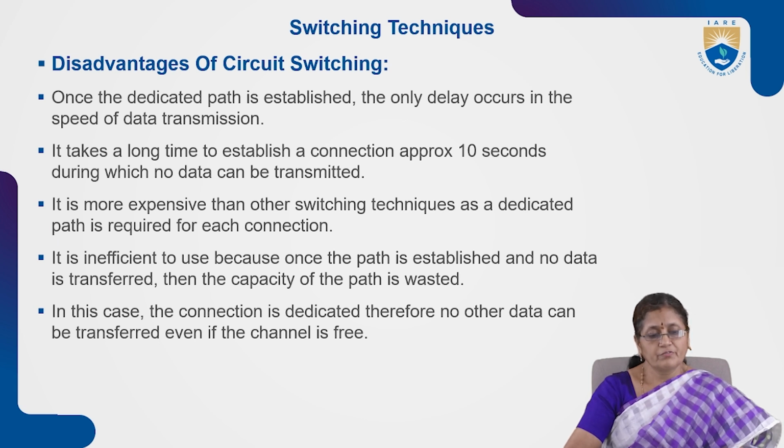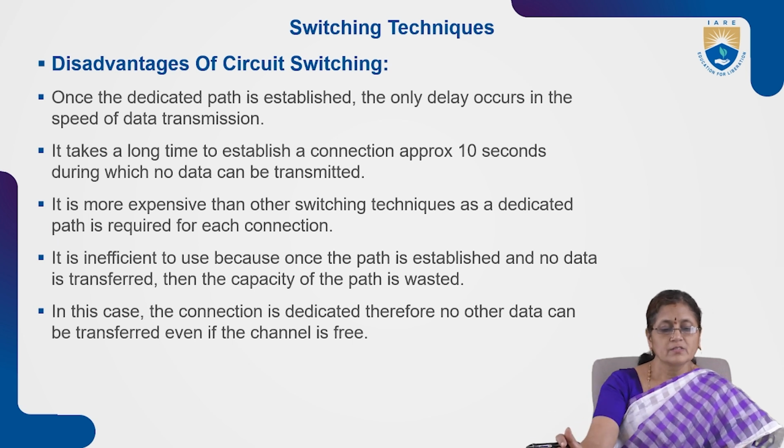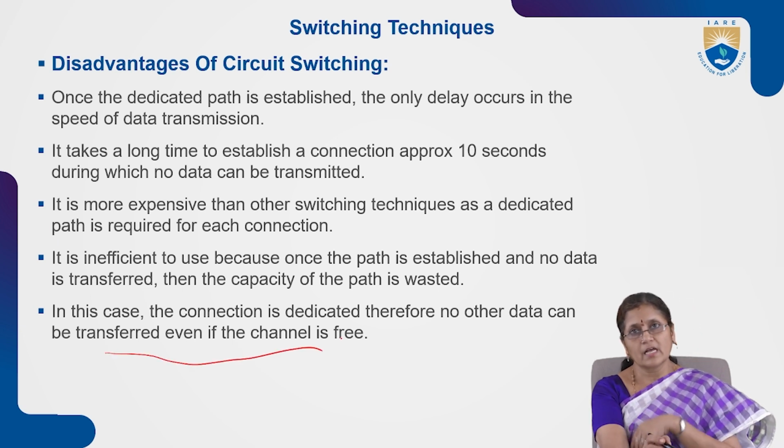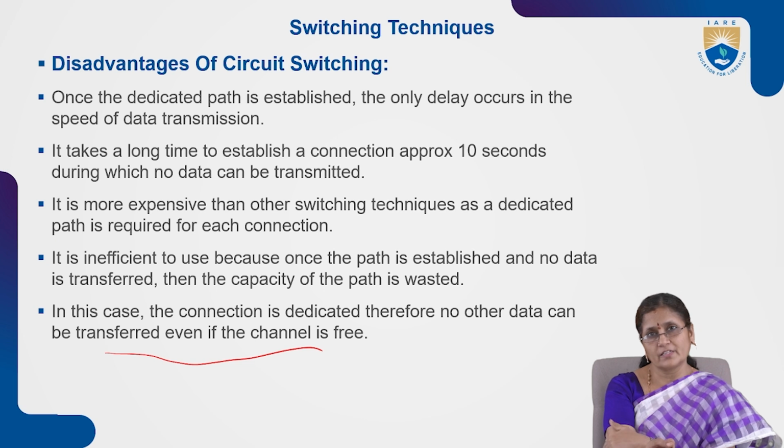It is also inefficient, because once the path is established and no data is transferred, the capacity of the path is wasted. The connection is dedicated, so no other data can be transferred even if the channel is free. So because of the dedicated path, there are some advantages and many disadvantages.